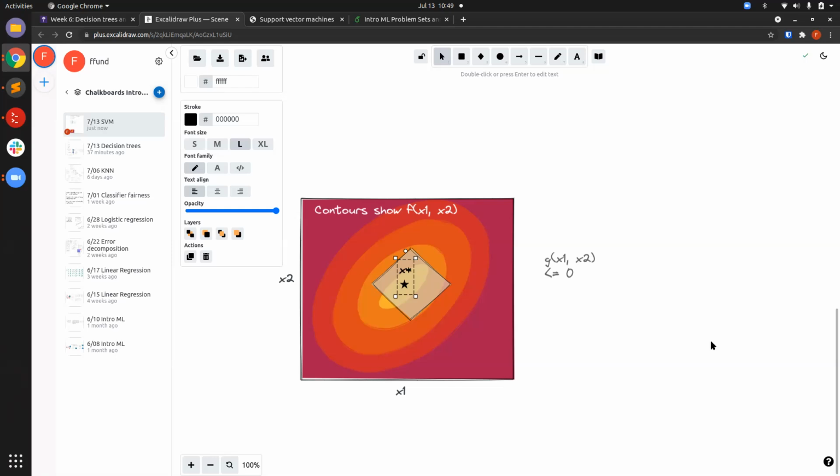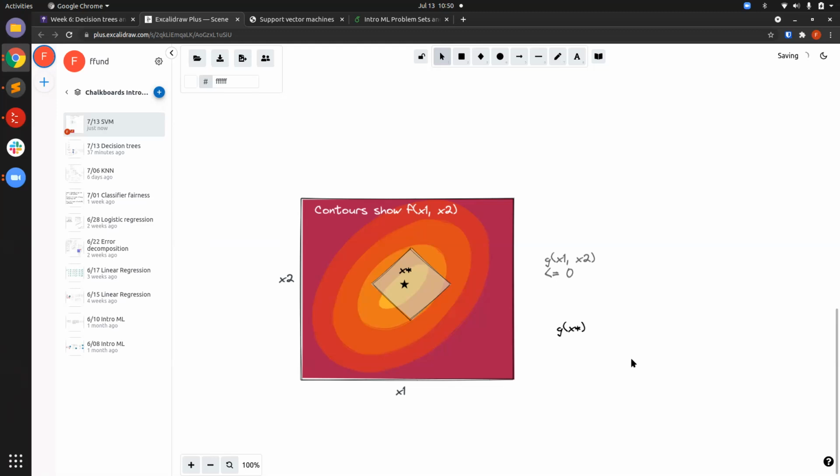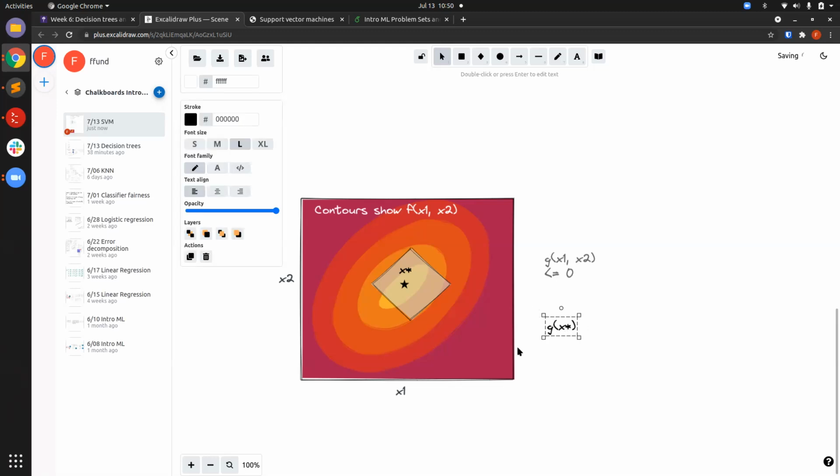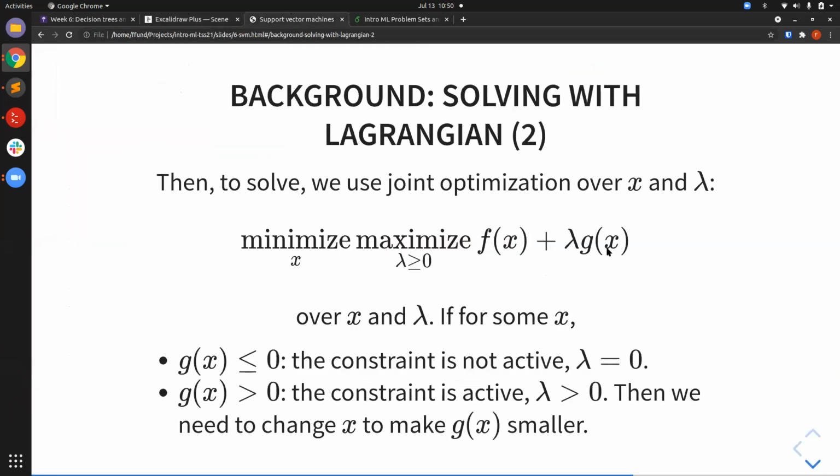What do we know about the value of g of x star? We don't know the exact value of g of x star, but we know that it's less than or equal to 0 because it's inside the feasible set. If this quantity here is negative, what value of lambda should I pick to maximize this overall function?